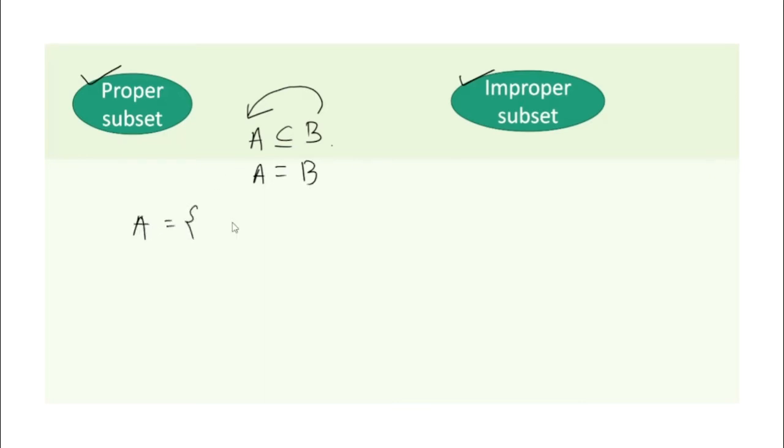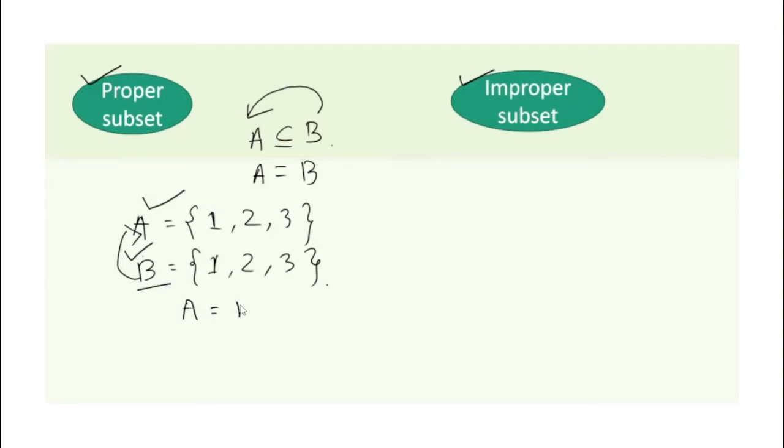A is the set {1, 2, 3} and B is the set whose elements are 1, 2 and 3. Any element you pick from set A, you will find in set B, and any element you take from set B, you will find in set A. So in this case we say that A equals B.